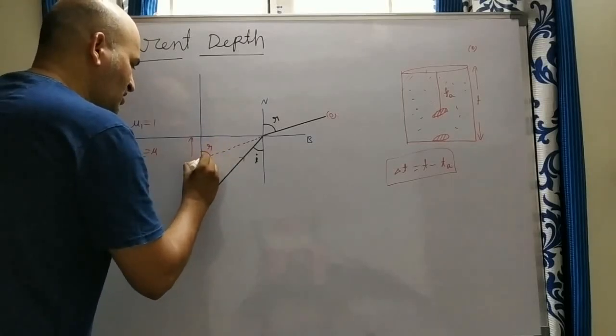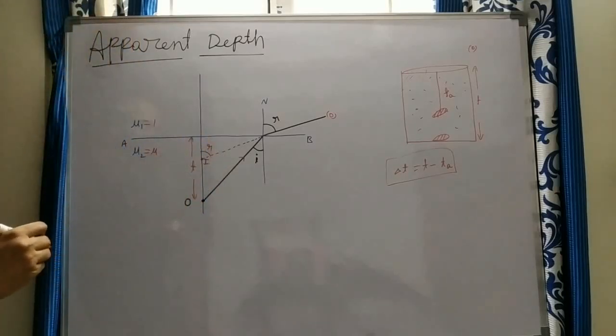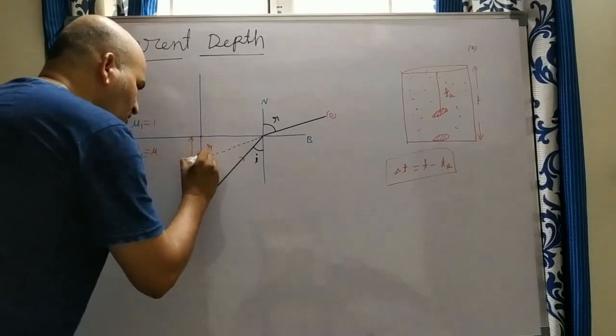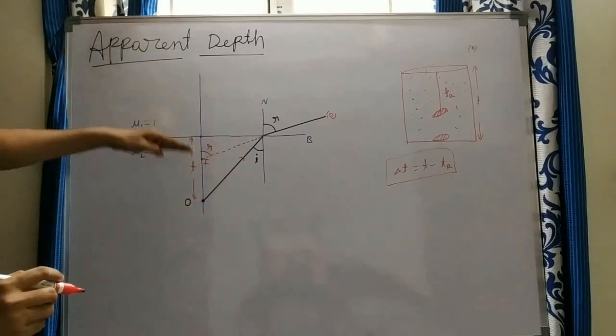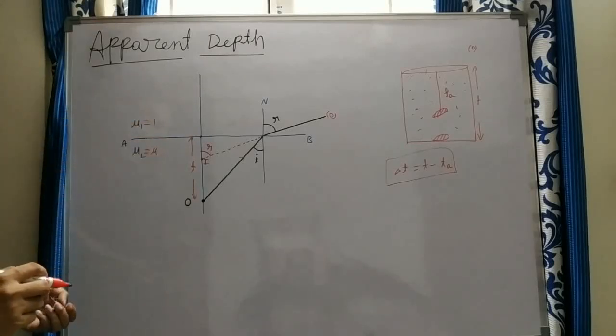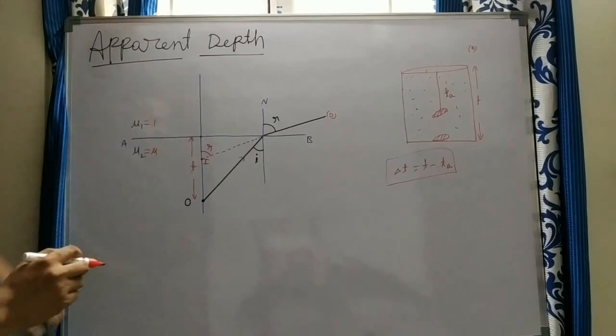Here is the image he is observing now. So from the surface of the liquid to the object is the actual depth T. From the surface of the liquid to the image is the apparent depth T apparent.